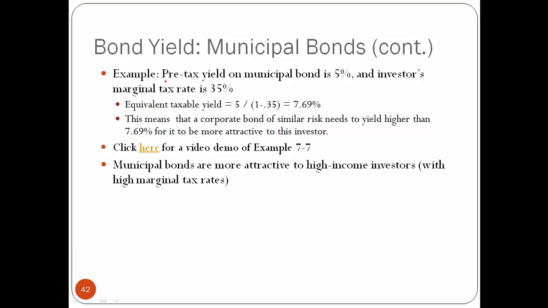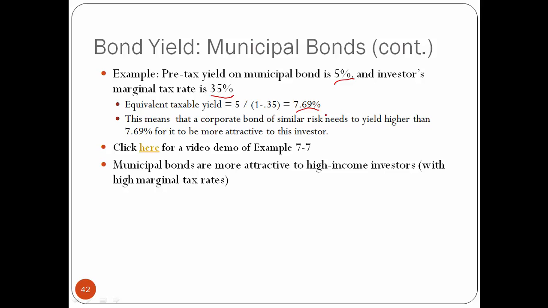So let's take a look at this example. If we are looking at a municipal bond that has a pre-tax yield of 5%, and the investor's marginal tax rate is 35%. So we're looking at an investor that is subject to 35% tax rate. Then, according to the equivalent taxable yield formula, you have 5 divided by 1 minus t, and that gives you 7.69% return.